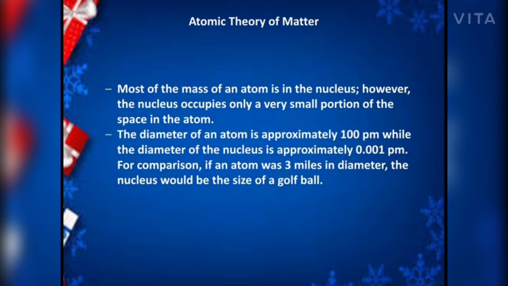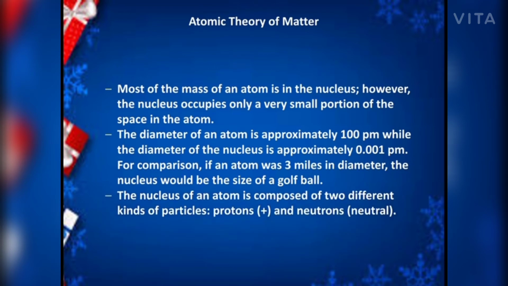The diameter of the atom is approximately 100 picometers, while the diameter of the nucleus is approximately 0.001 picometer. That means if an atom was 3 miles in diameter, the nucleus would be only the size of a golf ball.